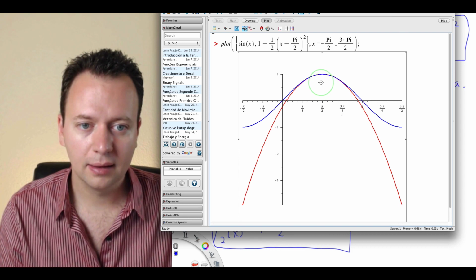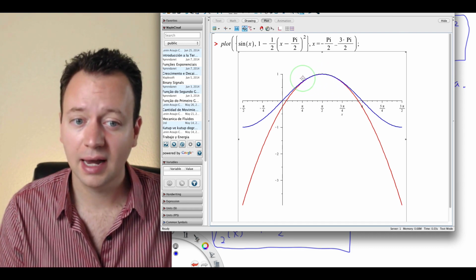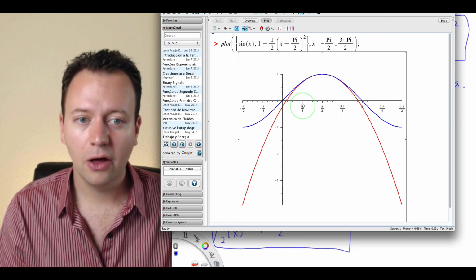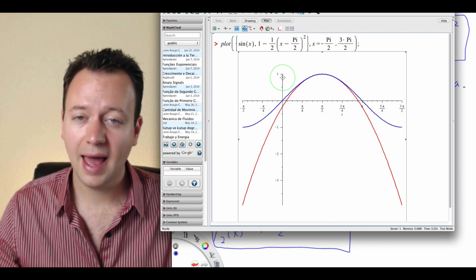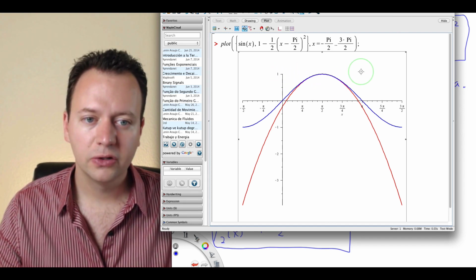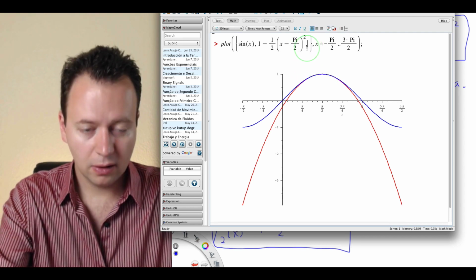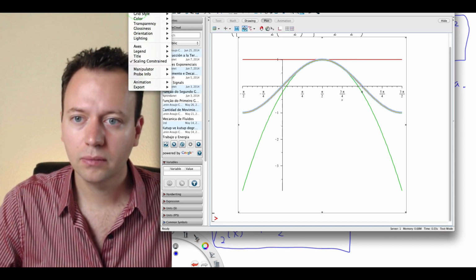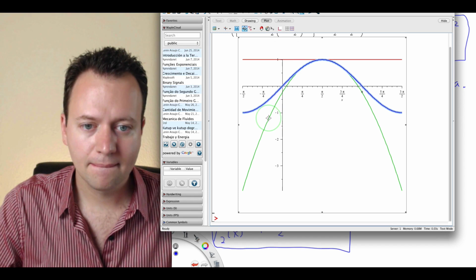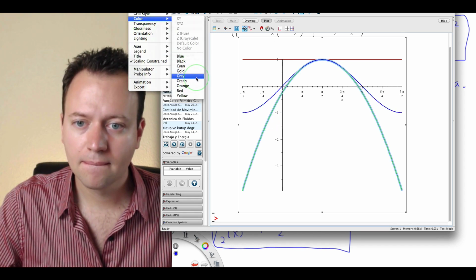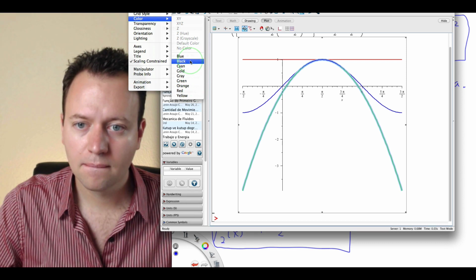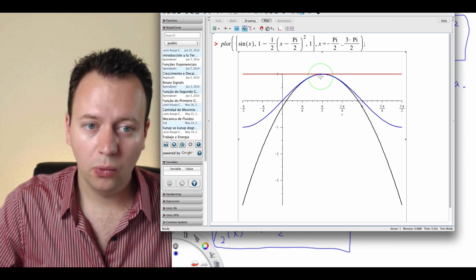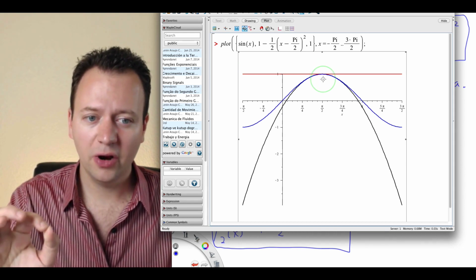You can see that it does a good job of approximating sine of x pretty much between pi over 4 and 3 pi over 4. It's very close to sine of x. Now for the linear approximation, you'll notice that f prime was 0, so it's just a horizontal line. Let's add that one in there. The horizontal line is the tangent approximation, which approximates the function, but only very, very close to pi over 2.